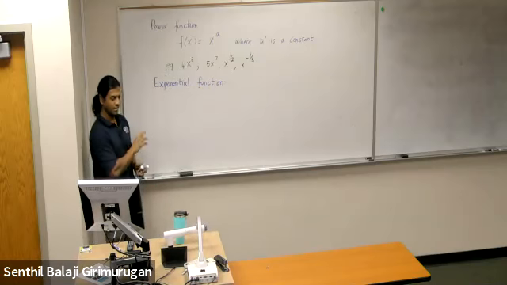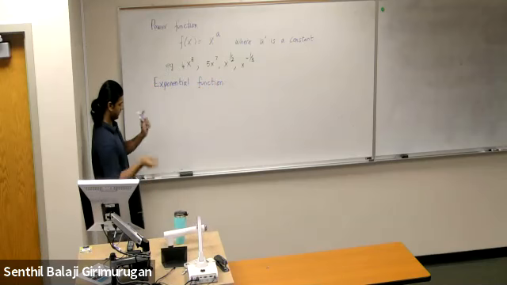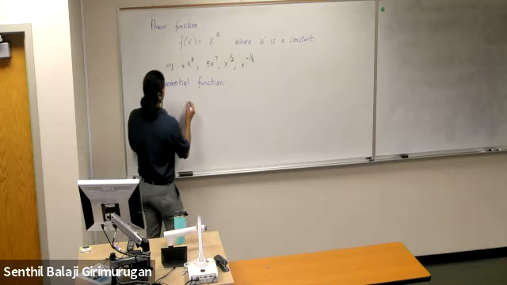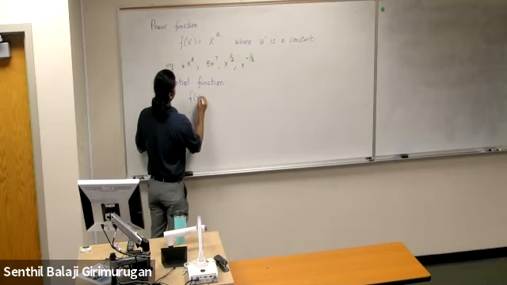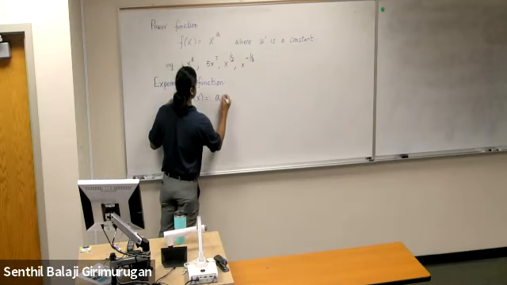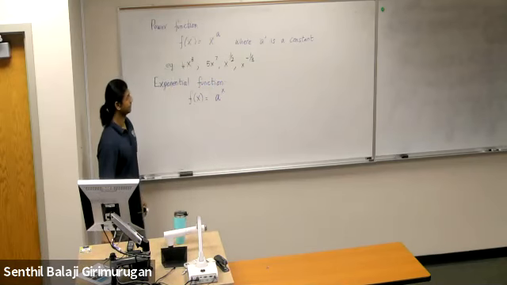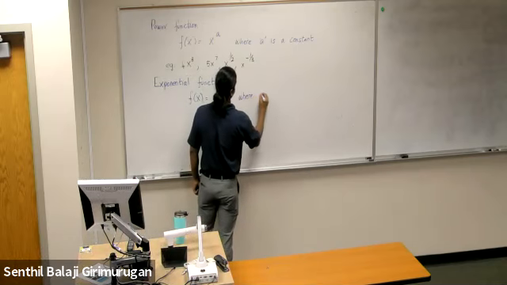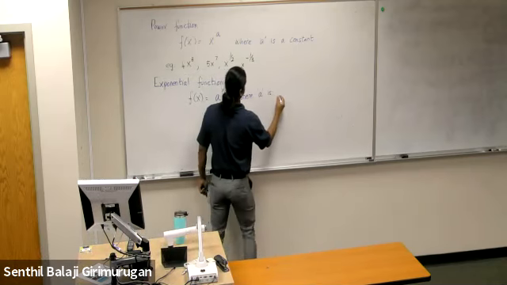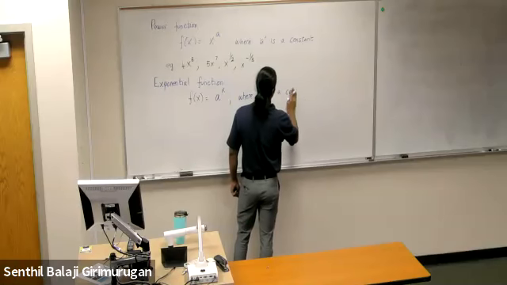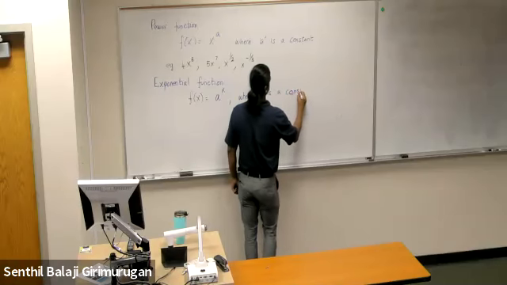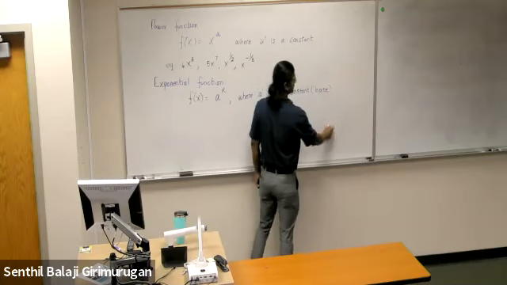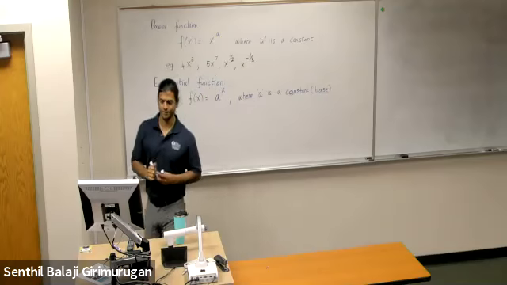Exponential function. Oftentimes, students mix up the two. So, exponential function f of x is equal to a raised to x, where a is a constant, and it is called the base.